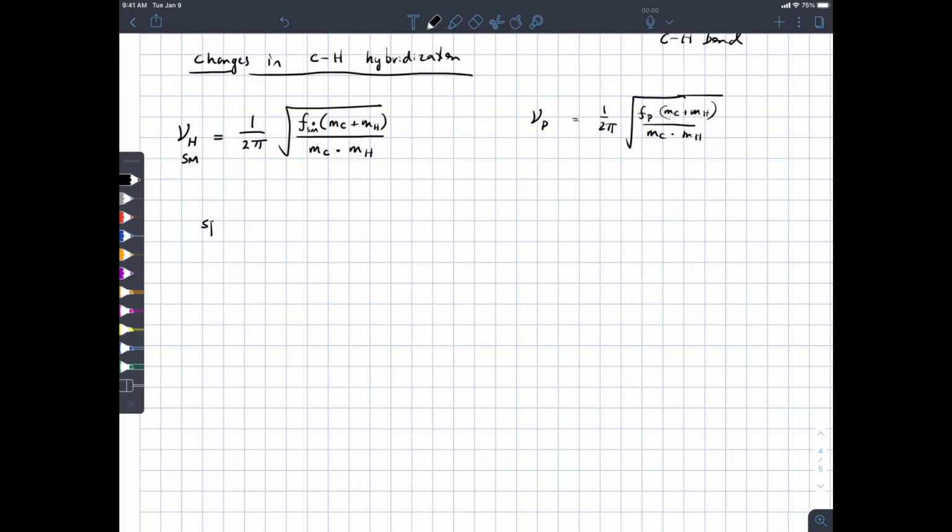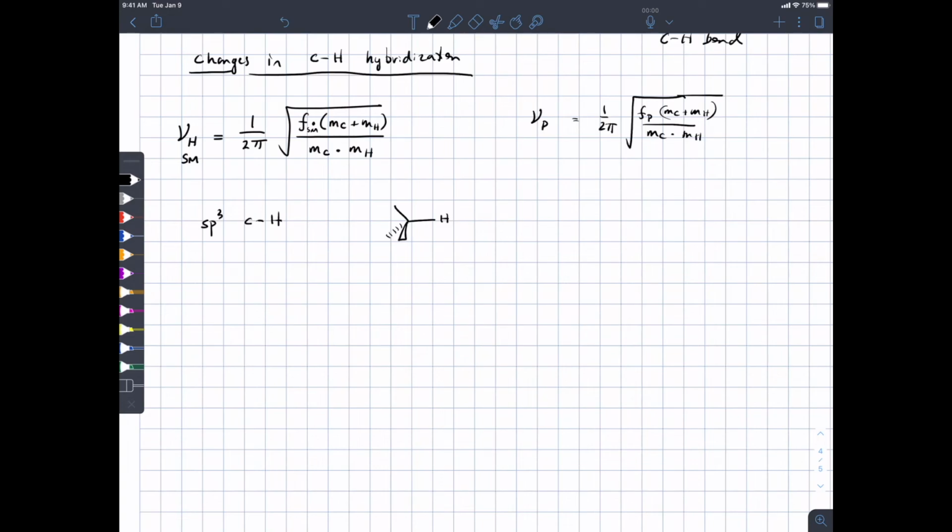so for an sp3 carbon-hydrogen bond, here's the carbon-hydrogen bond that we're interested in, and then here are the other 3 groups. They're not necessarily methyl groups, we're just ignoring what they are.